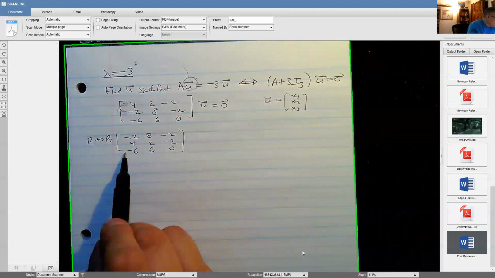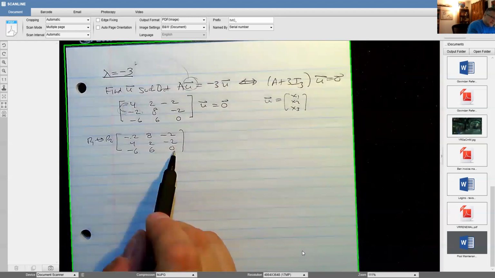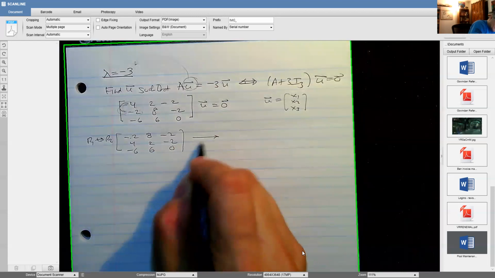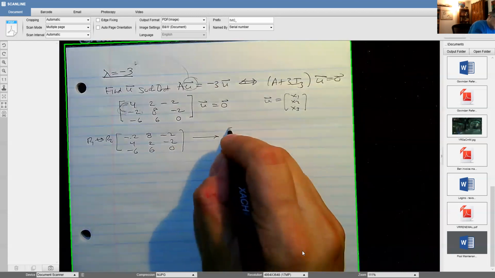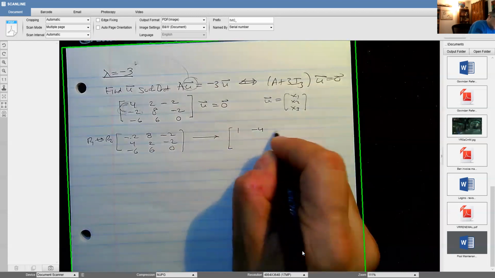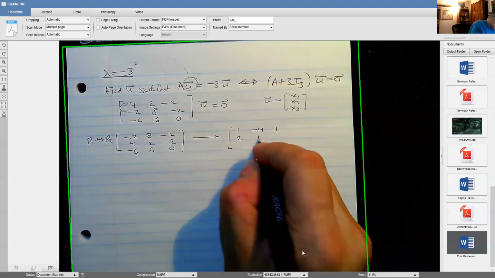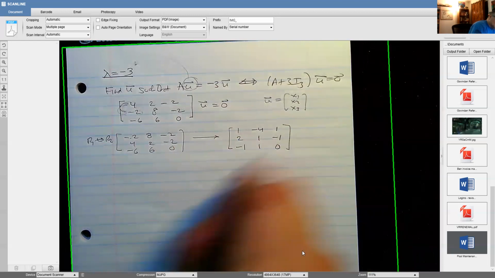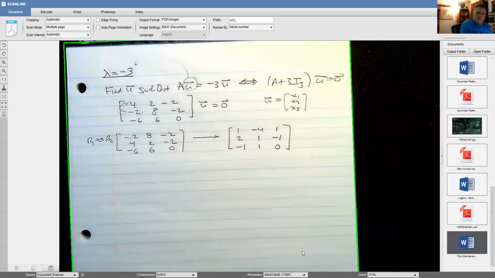I'm going to multiply this guy by 1/6 and replace row 3 by it. Doing those 3 things, I get 1, -4, 1, 2, 1, -1, -1, 1, 0, right? That matrix is easier to deal with in terms of arithmetic.